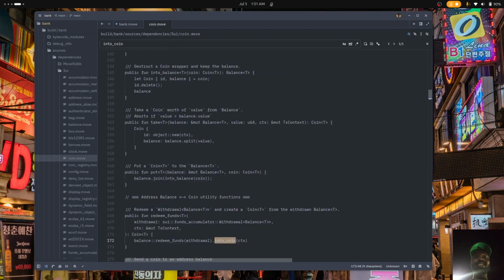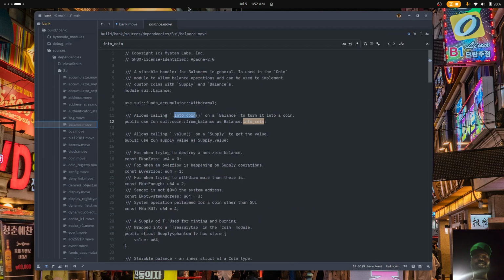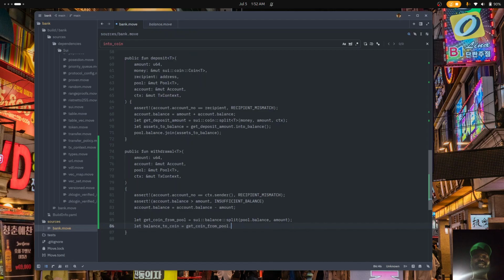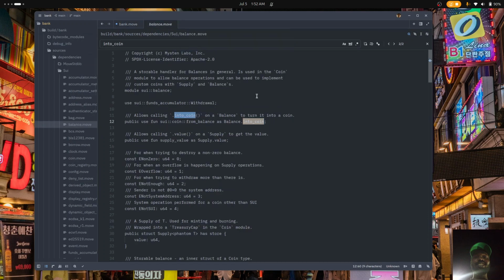It's a coin. It's a balance, so into coin has to be here. So I'll just go back to coin. Let me see what's been passed in.